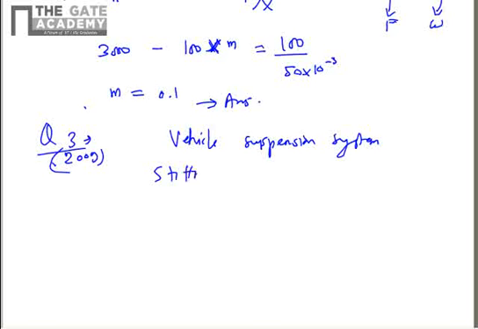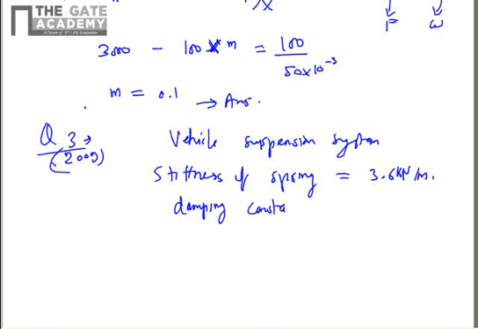The stiffness of the spring is equal to 3.6 kilonewton per meter, and the damping constant of the vibration isolation system is 400 Newton second per meter.